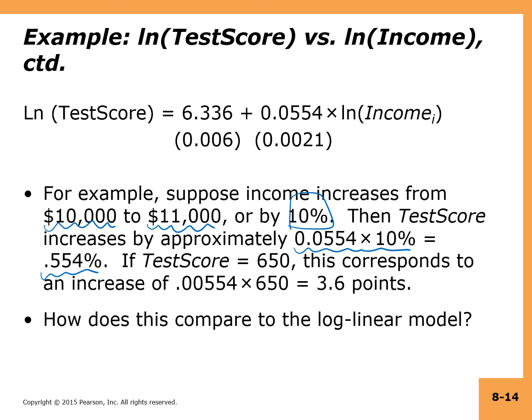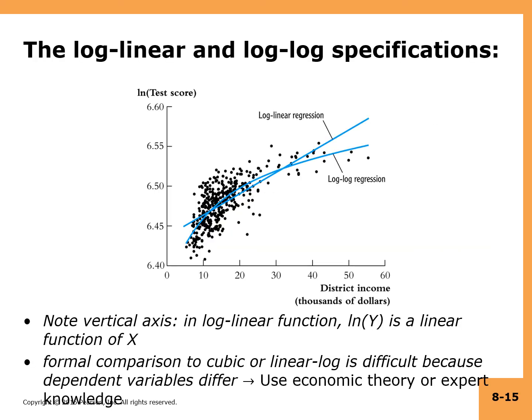So if the test score was 650 to begin with, this corresponds to 3.6 points, meaning that if the income of the district with $10,000 per capita increases by 10%, the test score in that district would go from 650 to 653.6 points.